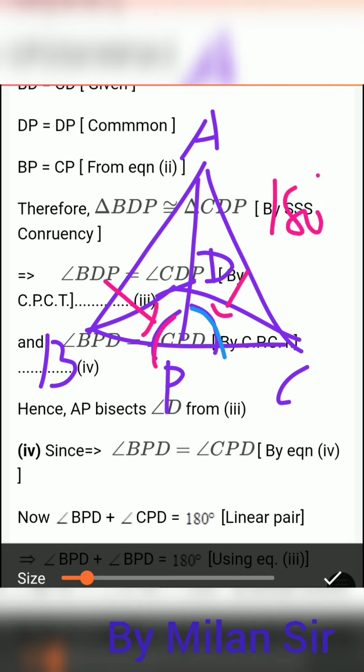But both are same, so definitely both have the measurement 90 degree. These two are the linear pair of angles, and both are same, that we prove here. So both are 90 degree, 90 plus 90 is 180. In this way we can prove that this angle is 90 degree.